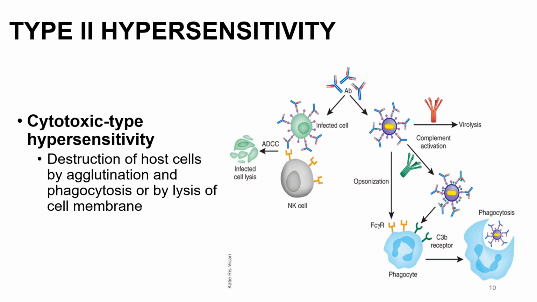From a tissue standpoint, this leads to a loss of specific cell populations, evidence of hemolysis or cell destruction, and inflammatory responses tied directly to cell injury. If you're looking at tissue and thinking, why are these cells gone? Type 2 hypersensitivity should be on your differential radar.